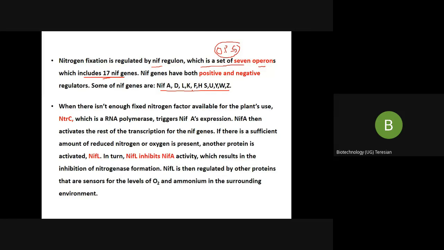When there isn't enough fixed nitrogen available for the plant's use, the plant sends a signal saying, I don't have a sufficient amount of nitrogen, so somehow I need the nitrogen to be fixed.